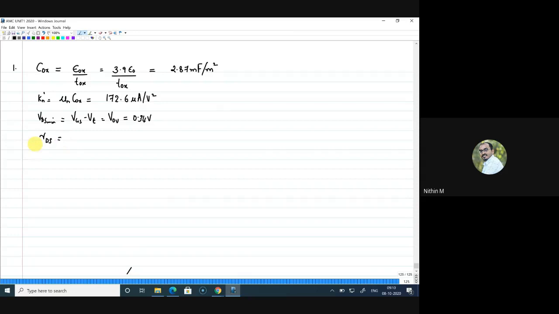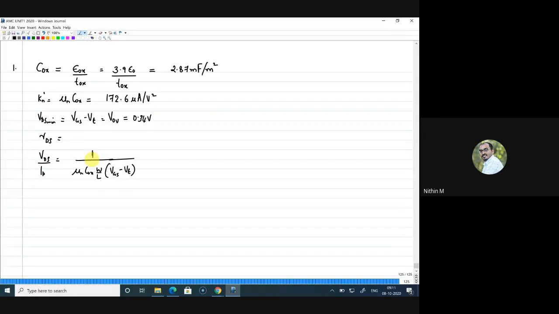So calculate RDS for small values of VDS, right? So for small values of VDS means the transistor is actually operating in saturation. So if you remember, we have written VDS by ID as RDS, which is equal to 1 by mu n Cox W by L into VGS minus VT. This is your RDS value.